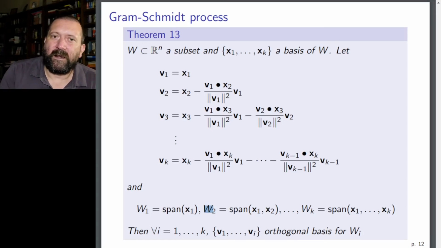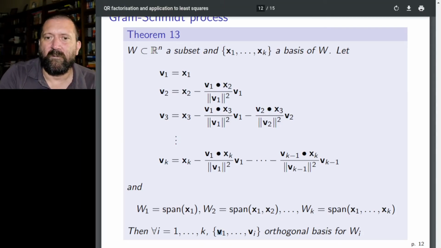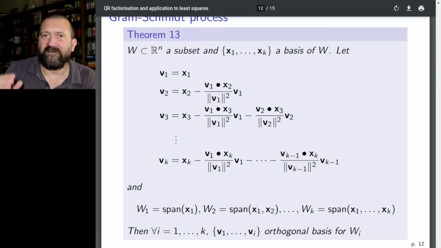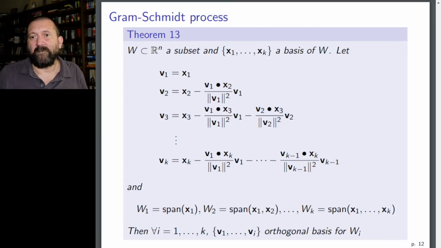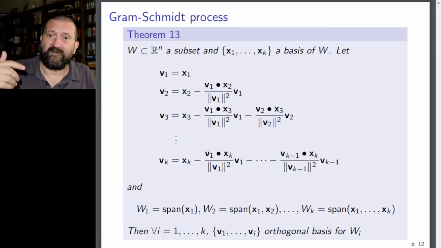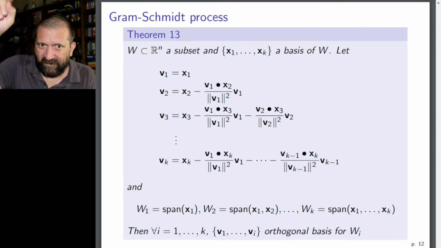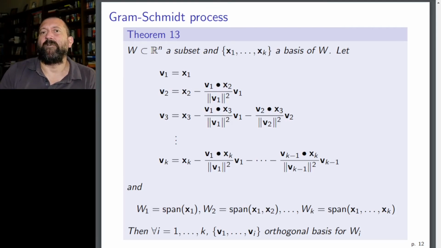Then for any number of vectors that you take in that list v1 to vk, you have that v1 to vi, where i is a number between 1 and k, is an orthogonal basis for the corresponding Wi. In particular, if I take i equal to k, meaning the entire subspace, then v1 to vk is an orthogonal basis for W.